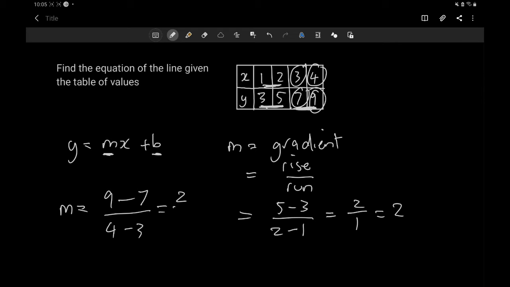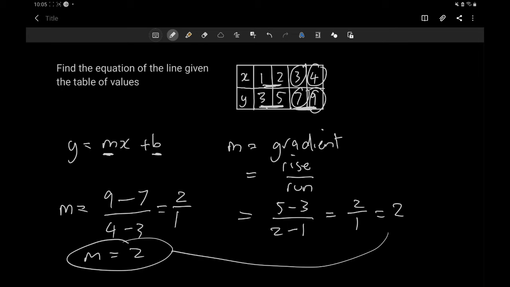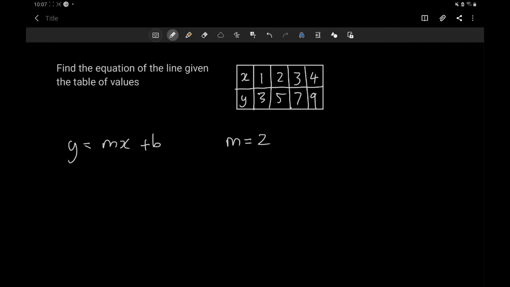And that's 2 over 1. And we find out that the gradient is exactly the same. So therefore, we know that we've made the correct calculations in regards to the gradient. So we know the gradient is equal to 2.